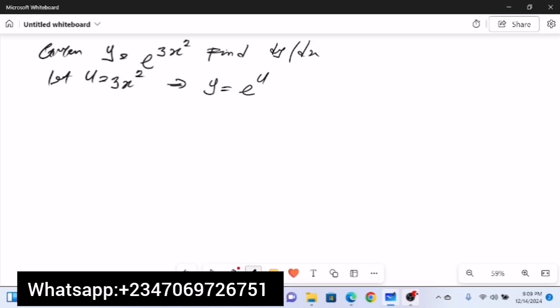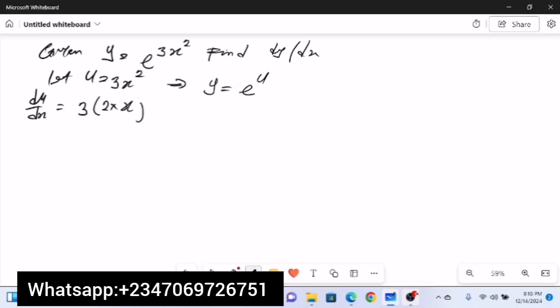So if I differentiate u, du all over dx, we simply employ the power rule, use the power of the variable to multiply the variable, then subtract 1 from the power of the variable, right? So 3 is a constant, keep it out. Now differentiate x squared, I have 2 times x to the power of 2 minus 1, which is still 1, so that remains x.